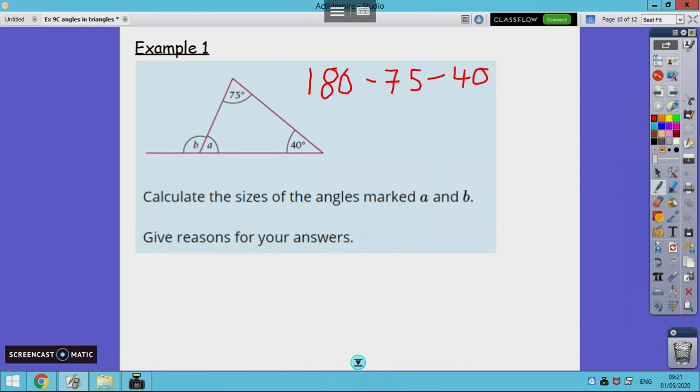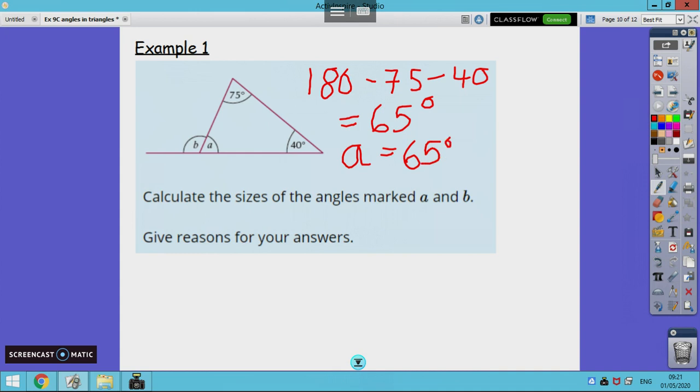So 180 minus 75 is 105. 105 minus 40 is 65. So equals 65 degrees. Excuse that degree sign. I'm going to redo that because that's not very good, is it? There we go. And then angle A, therefore, is 65 degrees.